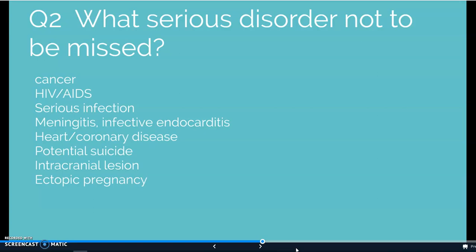So these are among the serious disorders that you should think of so that you don't miss any serious diagnosis.